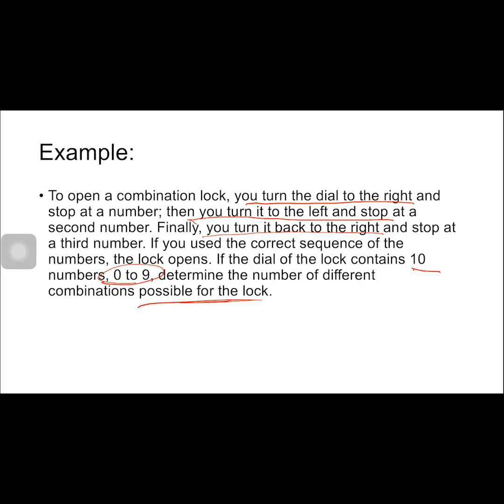Okay. So, here we have 10 choices for the first, times 10 again for the second, then 10 again for the third. So we have there 10 times 10 times 10. Since repetition is allowed, that would be 1,000.